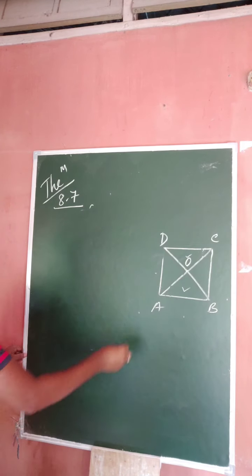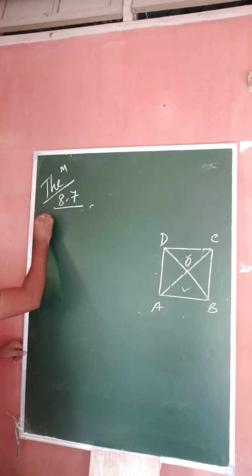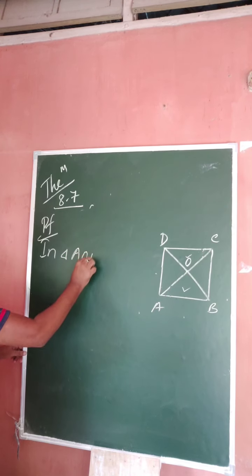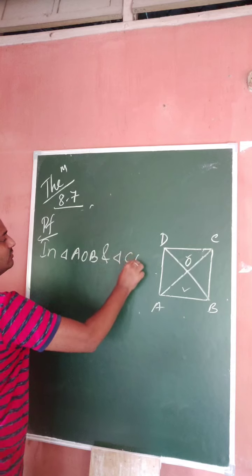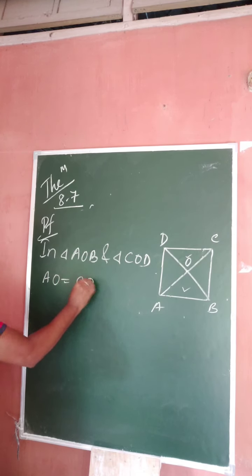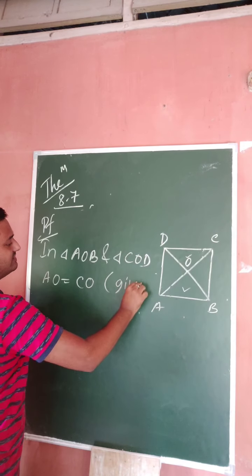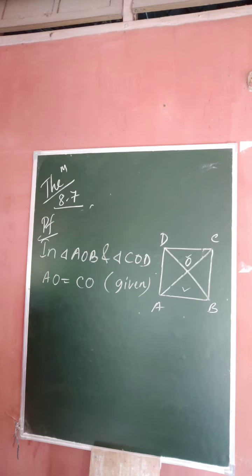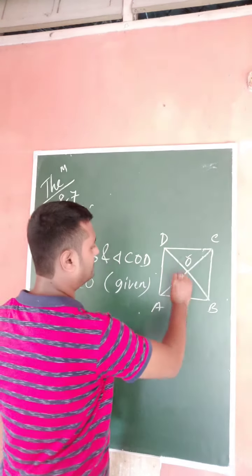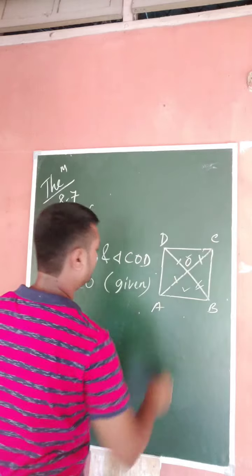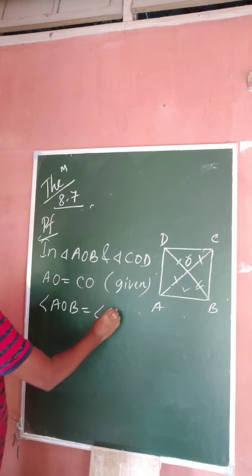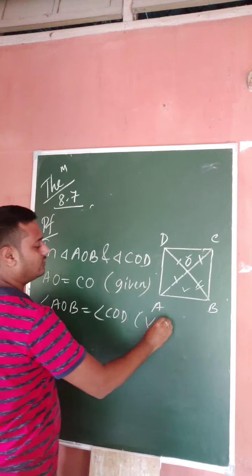So, proof: in triangle AOB and triangle COD, AO equals CO, given, since the diagonals bisect each other. That means this part equals this part, and this part equals this part. Again, angle AOB equals angle COD, which are vertically opposite angles.